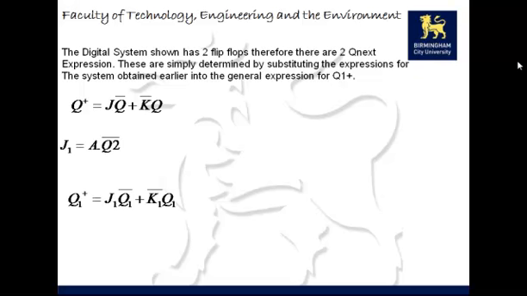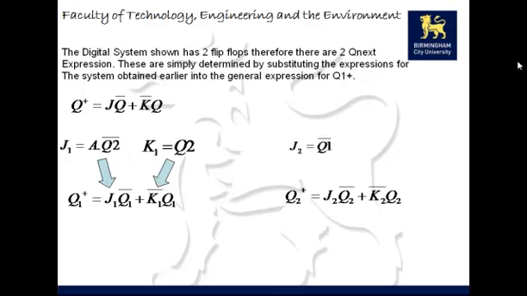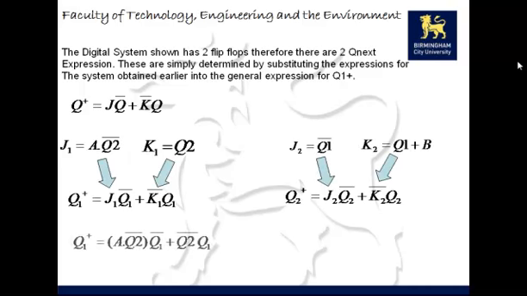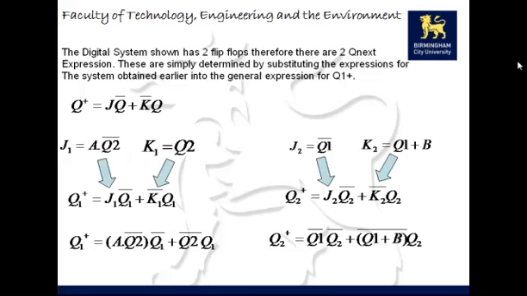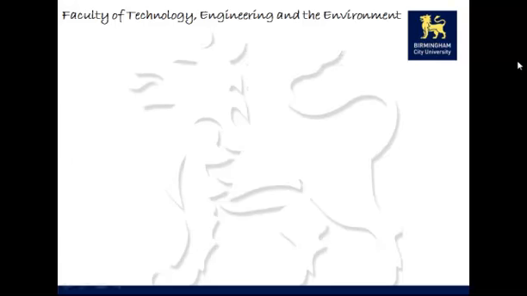One's going to be Q1 next, and substitute your Boolean expressions obtained for J1, K1 into this generic expression to make it more specific. Do the same with Q2 next, J2 and K2. That is it. Now these are the Boolean expressions for Q1 next and Q2 next for that circuit, the first circuit that we've seen on the slides.